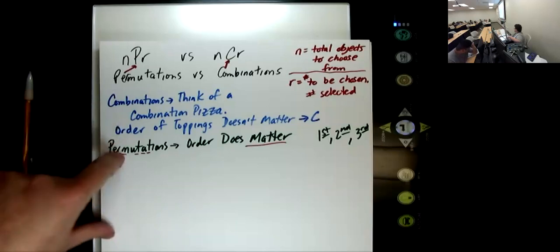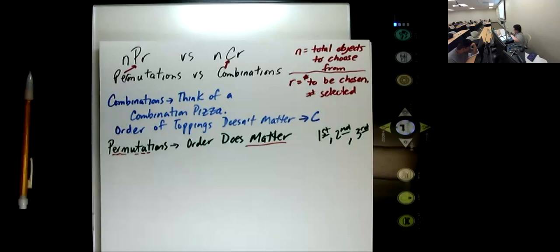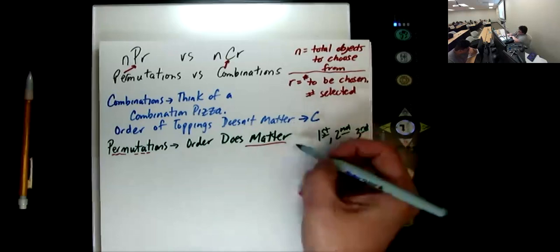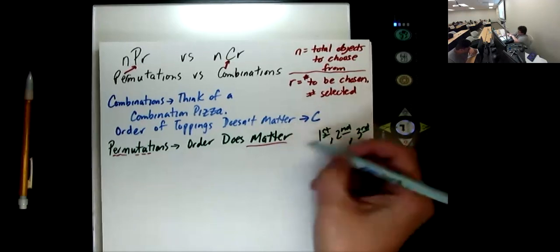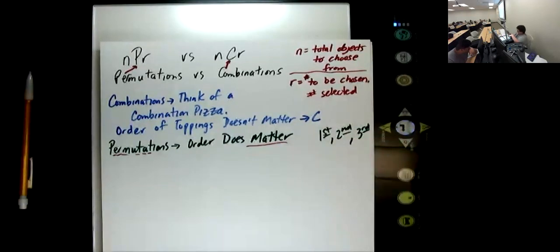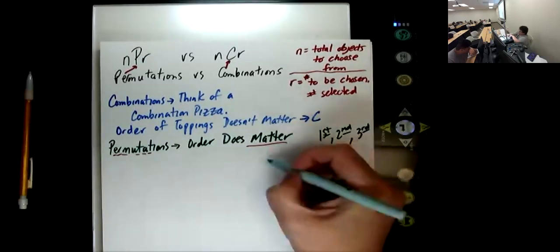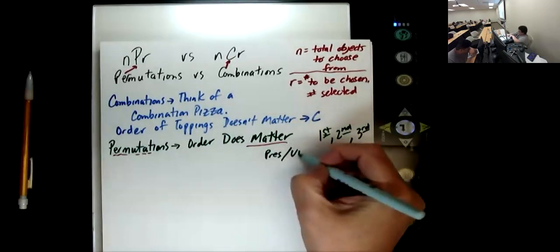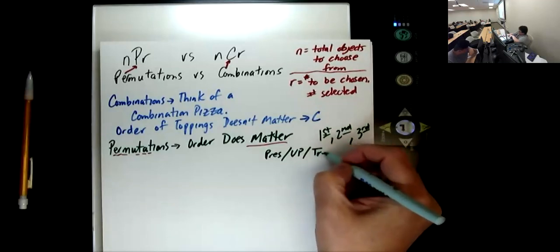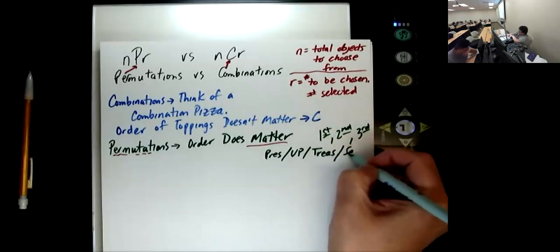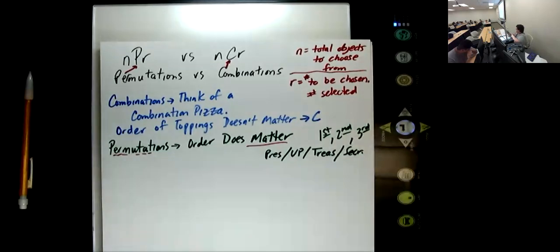So permutation is the other one, where order does matter. For that we could do first, second, third place. Like if you're picking officers for a club, you might have president, vice president, treasurer, secretary. Order kind of matters.